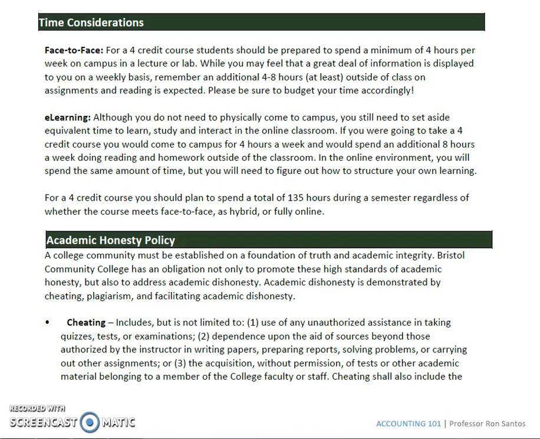Time considerations. Face-to-face and e-learning time considerations are pretty much the same. This is a 4-credit course, so you should be spending 4 hours in the classroom with an additional 4 to 8 hours outside the classroom doing homework, assignments, and your reading.